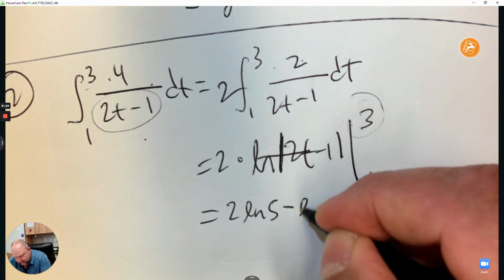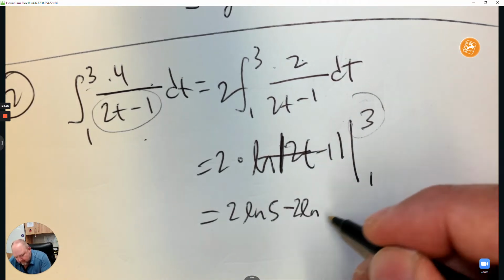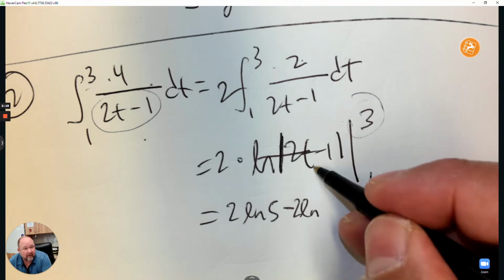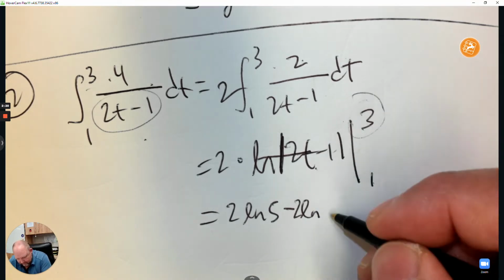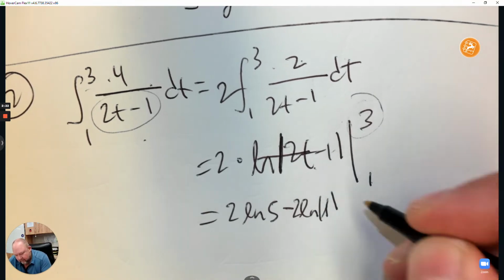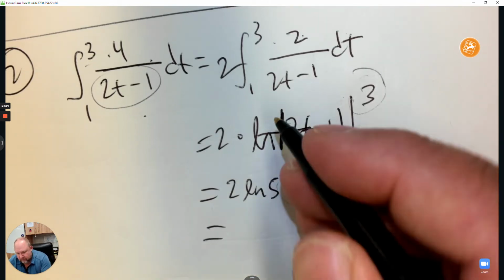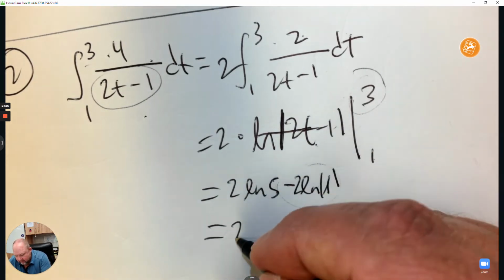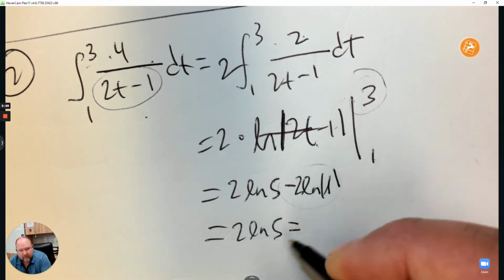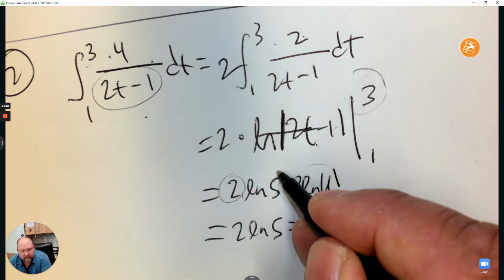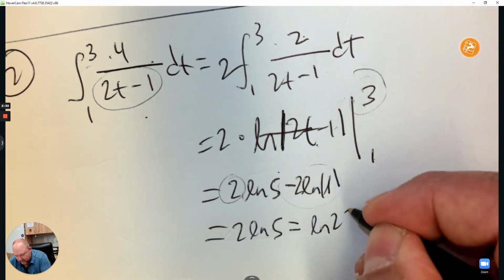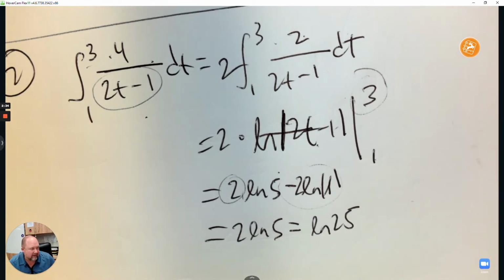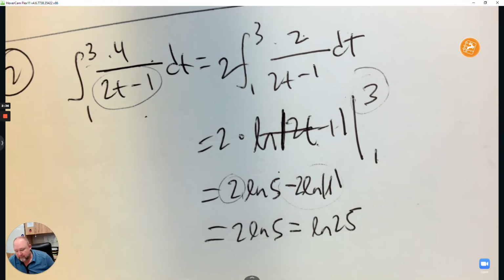That gives you 5, 2 again. Plug in 1, and 2 take away 1 is 1. Remember what I said about that one? So ln 1 is 0, so it's really just 2 ln 5. If they really wanted to be fun with you, they could put it as an exponent, and that could be 5 squared, and you could also see the answer is ln 25. Number 3.